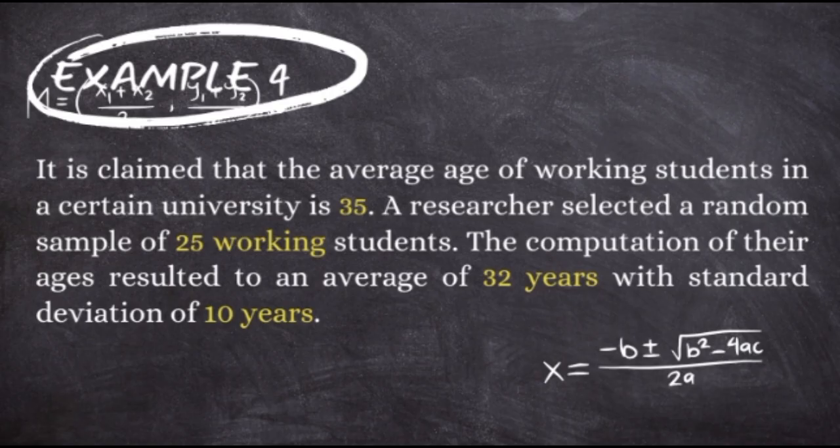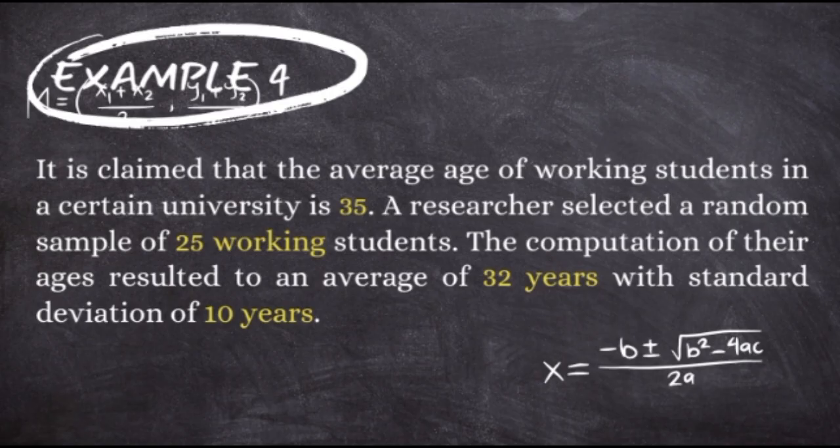So in this example 4, let us know our sample size. We can see in the second sentence, the researcher selected a random sample of 25 working students. So our sample size is less than 30. Next is the standard deviation, known or not known?